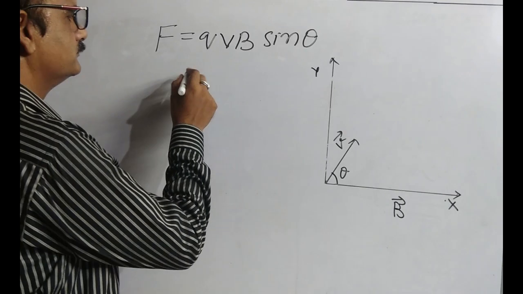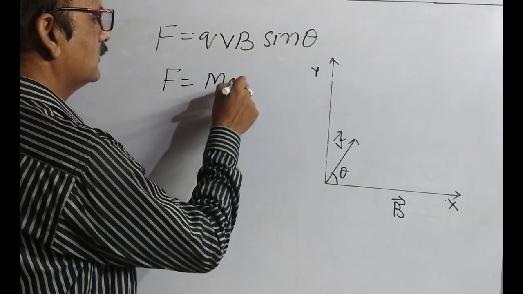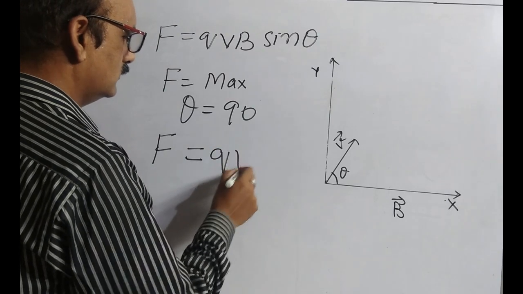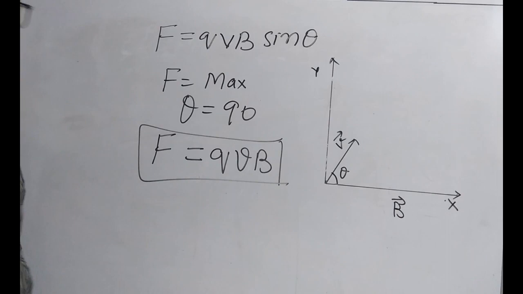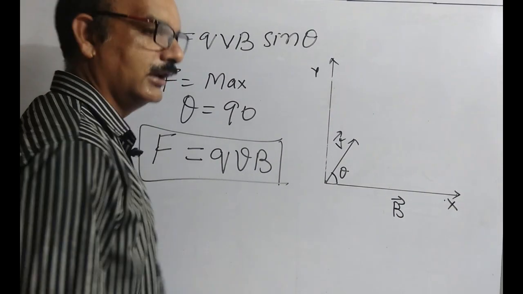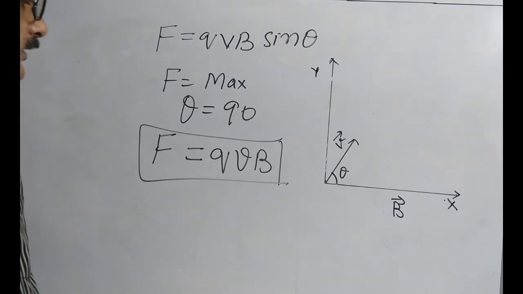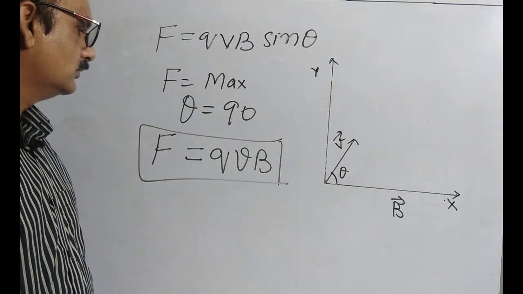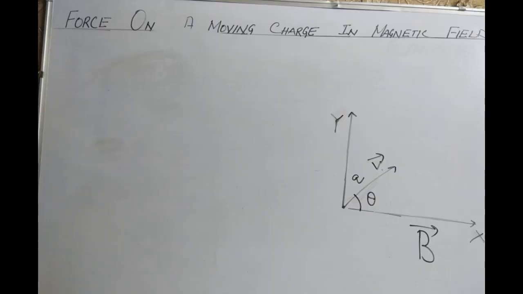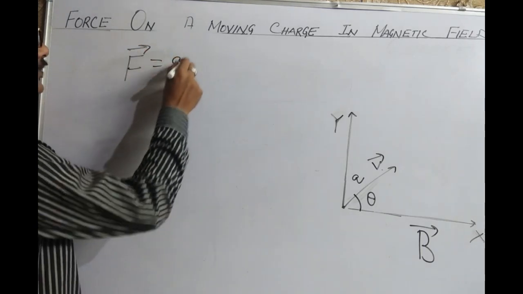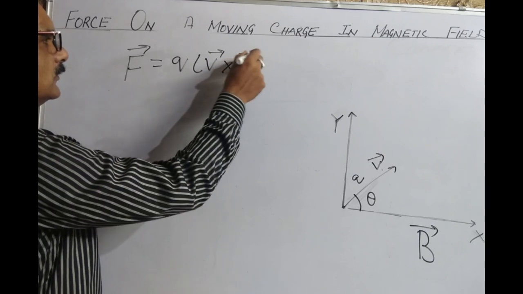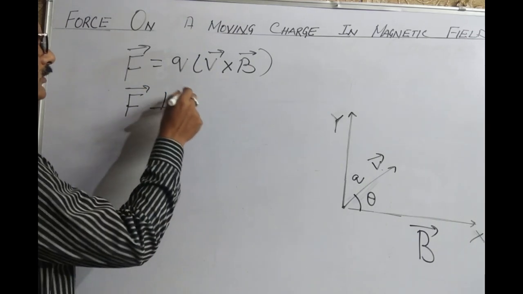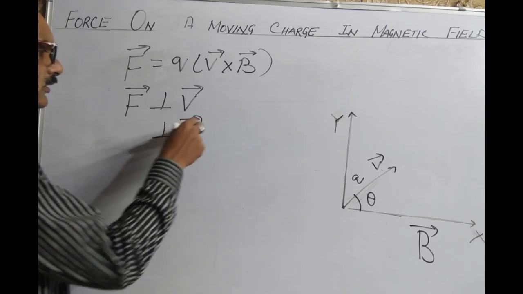The force will be maximum when theta equals 90 degrees. That is, F equals Q V B. If a charged particle enters normally, perpendicular to the magnetic field, the force will be maximum, and this force is F equals Q V into B. Now this force in vector form is given as F equals Q V cross B. This force F is perpendicular to velocity, and it is also perpendicular to the magnetic field.